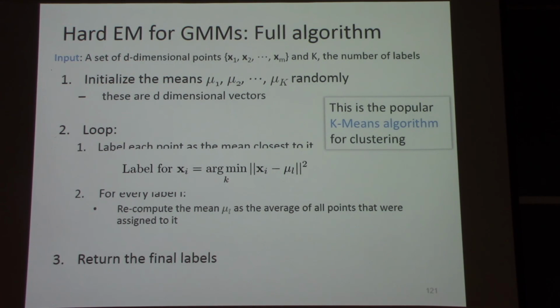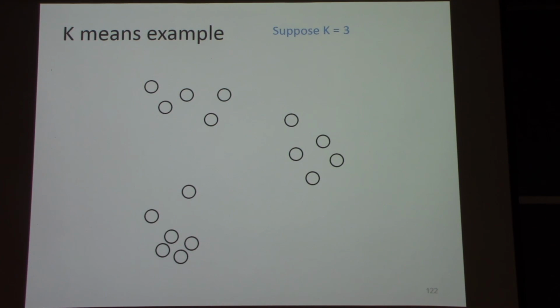Those of you who have not seen k-means, here's a pictorial version of it. You're given a collection of points, and suppose k equals 3. You first take a random guess as to where you believe the cluster centers are, and those are these triangles here. I just randomly pick 3 points.